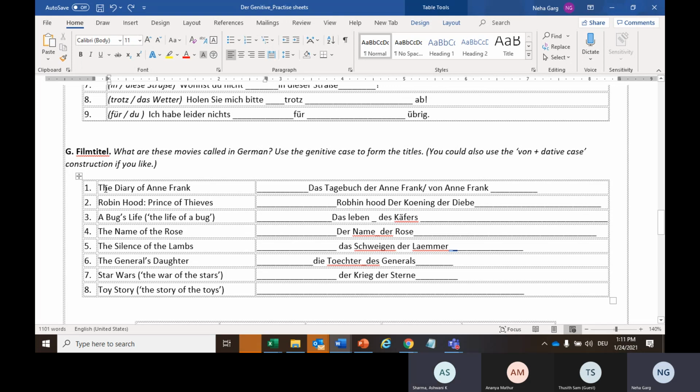Ashwini? So the diary of Anne Frank. Das Tagebuch der Anne Frank, or von Anne Frank. Either you can write der or von. Or is there any other way you can write it?